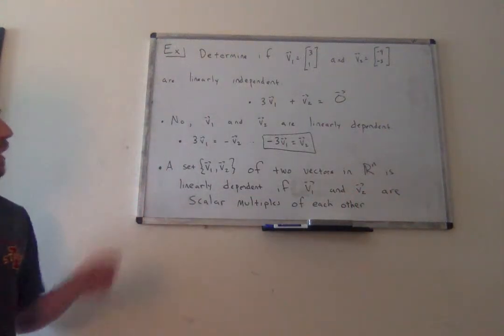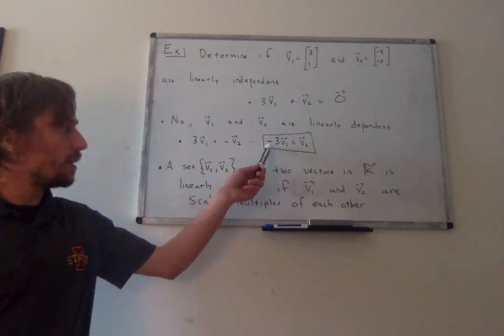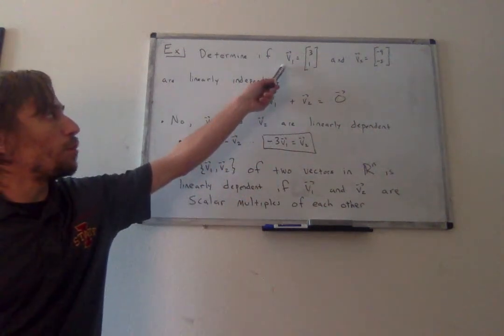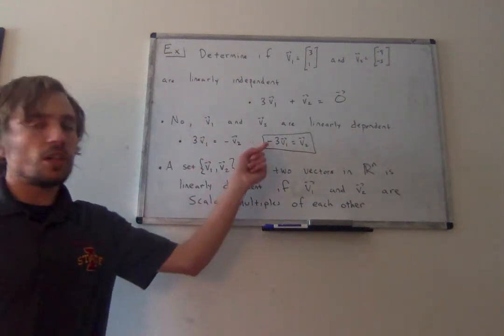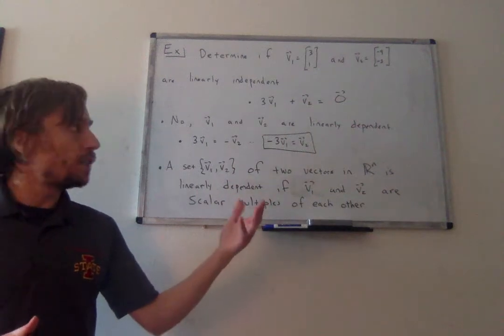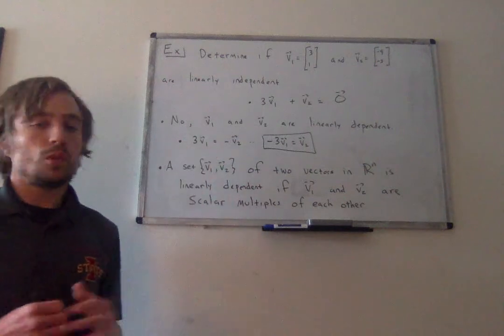What this means, of course, is that I can find some scalar, here in this example it was negative 3, such that if I multiply v1 by that scalar, I get the exact vector v2. But notice this also implies that v1 is a scalar multiple of v2, because I could just multiply v2 by negative 1/3 and get v1.